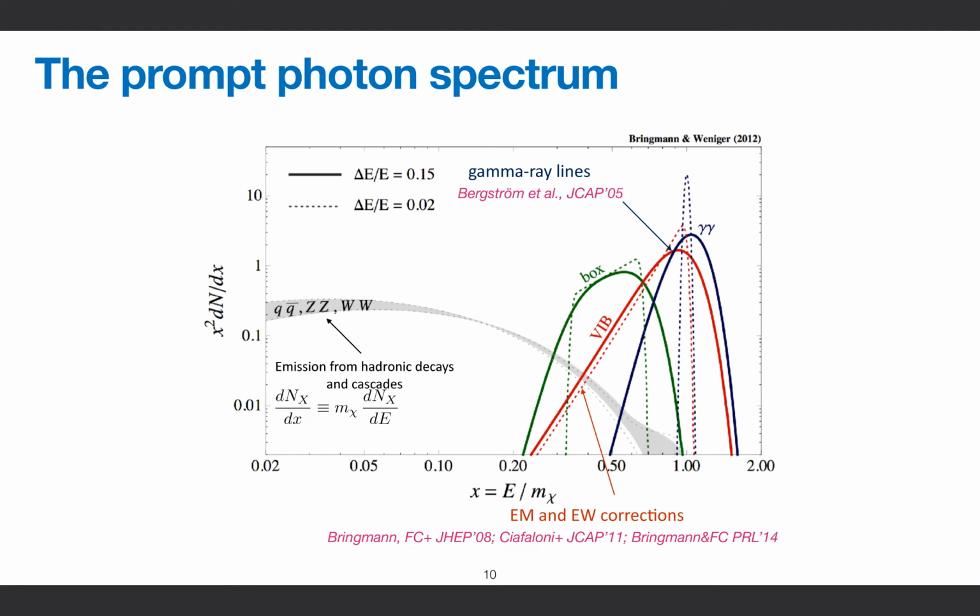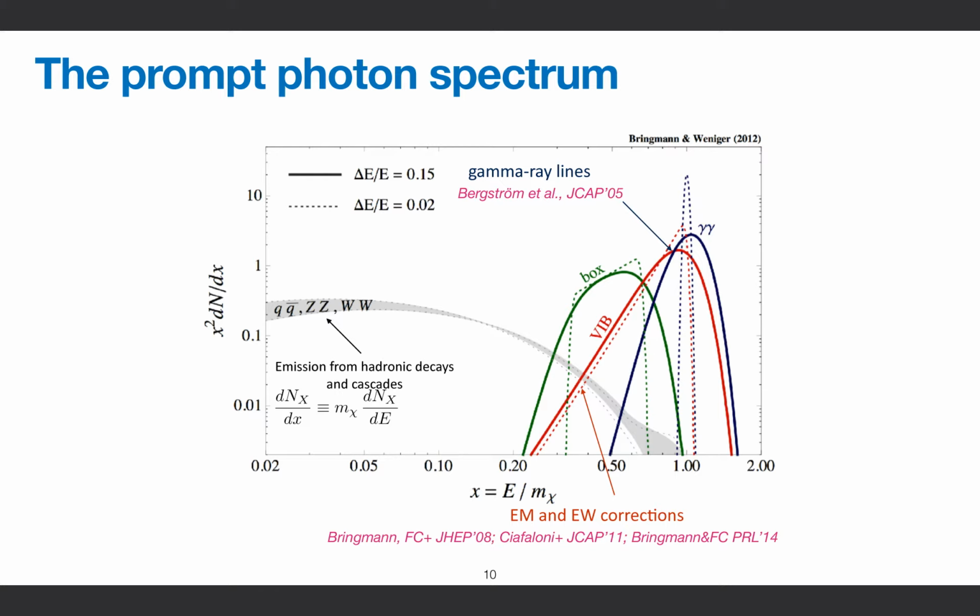So this is just an example of what is the prompt photon spectrum that you expect from dark matter annihilation, expressed in terms of this dimensionless variable x, which is the energy of the photon divided by the mass of the dark matter particle, where you see at low energy there is a smooth and featureless emission that comes from the hadronization and decay of quark and boson final states.